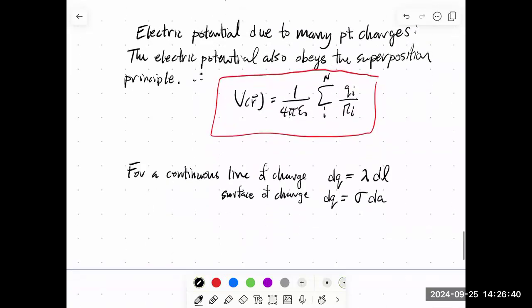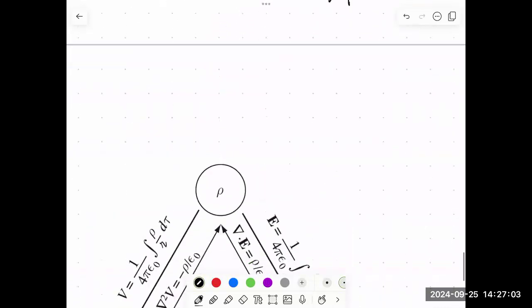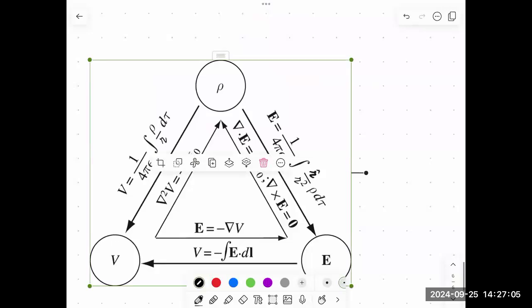And then for a volume of charge, dq would be the charge density times a little volume element. And so we could replace the qi's with these dq's and the sum with an integral, and that's how we would do a continuous distribution of charge.